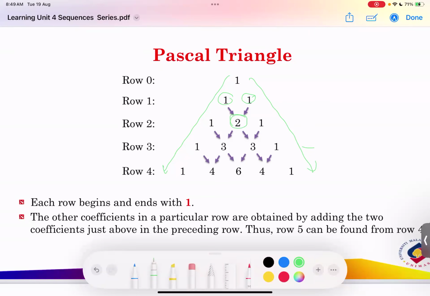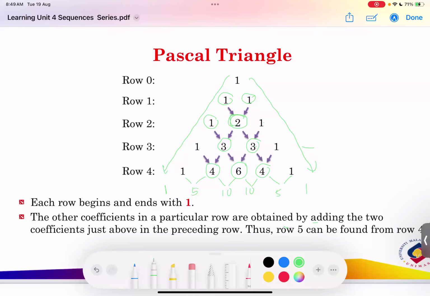Let's say 1 plus 1 is equal to 2, 1 plus 2 is equal to 3, 2 plus 1 is equal to 3, 1 plus 3 is equal to 4, 3 plus 3 equal to 6, 3 plus 1 equal to 4, and so on. If you want to continue, the edges are still 1, then 5, 10, 10, 5, and 1.